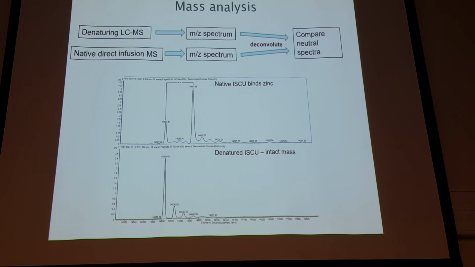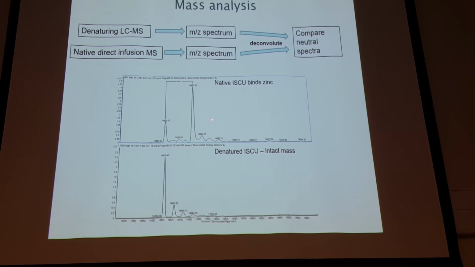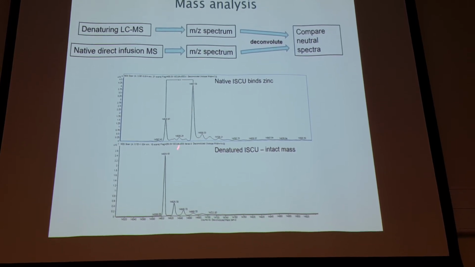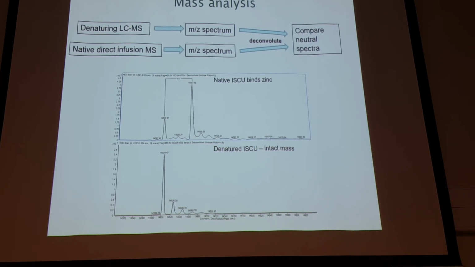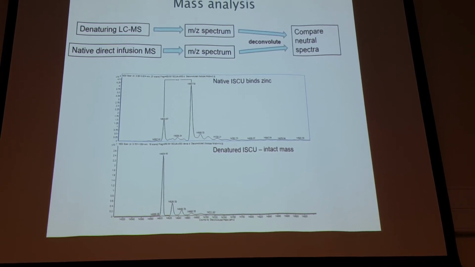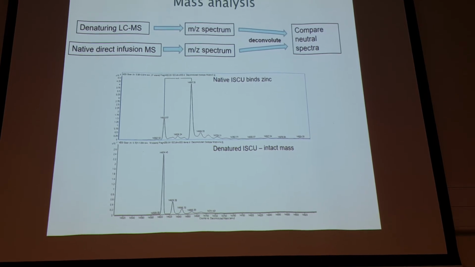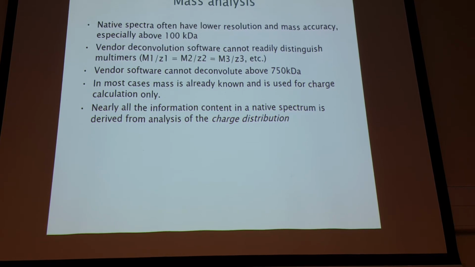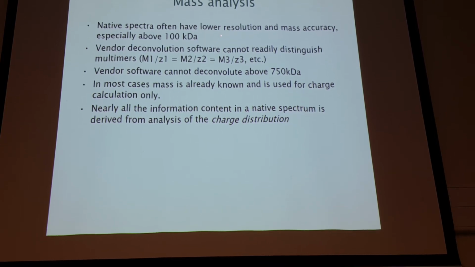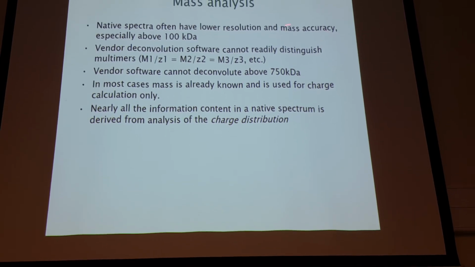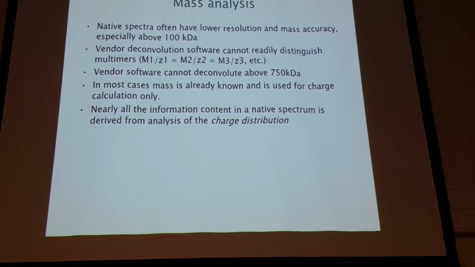It's far more likely to be zinc. So this comparison tells you that this must be a non-covalent interaction. And it's very common to see this in a native experiment. Native spectra will often have a lower resolution and lower mass accuracy than a denatured spectrum, especially above 100 kilodaltons.